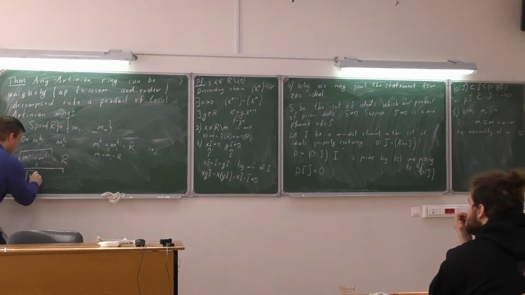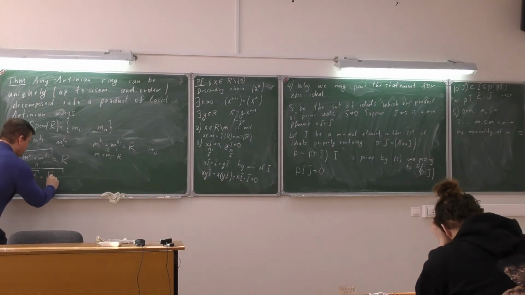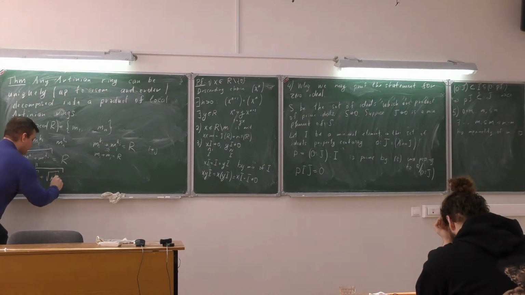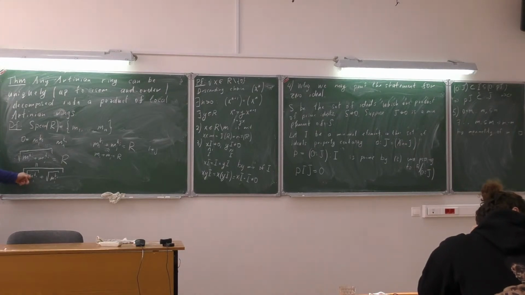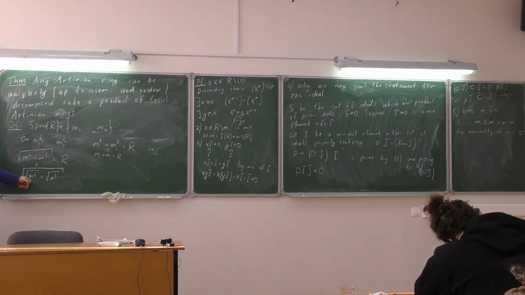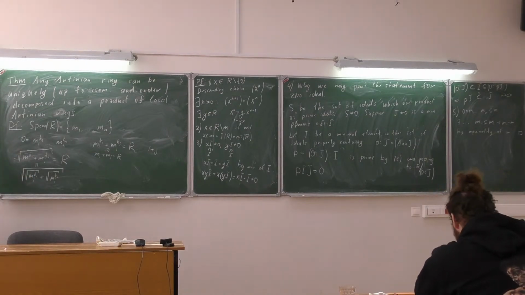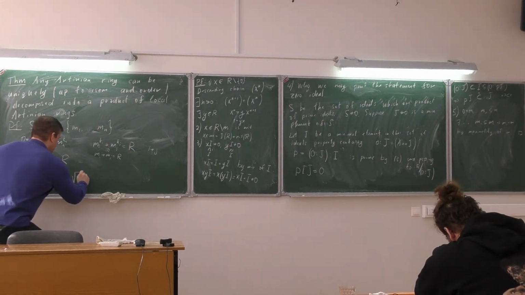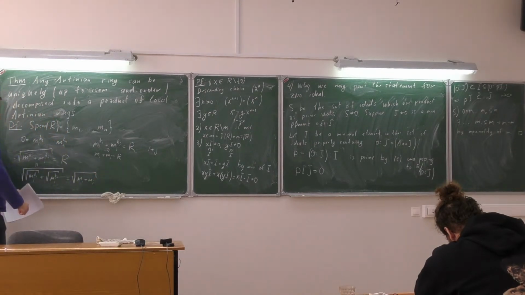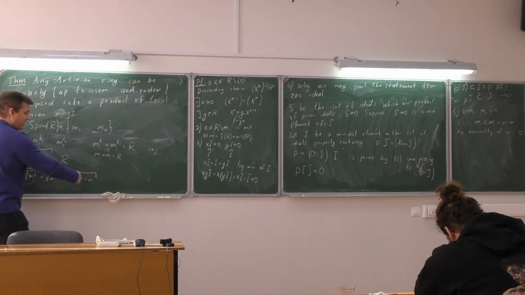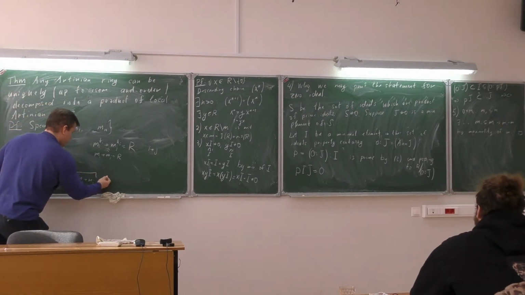So the radical of Mi to the ki plus the radical of Mj to the kj. That's just a property of the radicals, but the radical of any power of any prime ideal is the same prime ideal, so in particular for a maximal ideal, which was also one of the things that we proved in one of the first seminars. So this is the same as the sum Mi plus Mj, which we know are coprime, so we know that this is the ring.